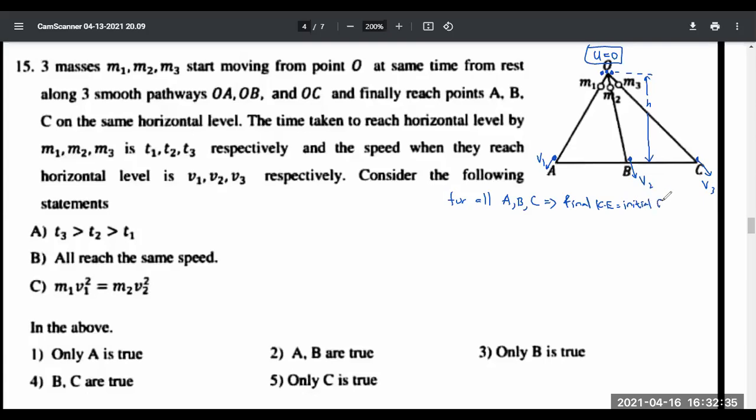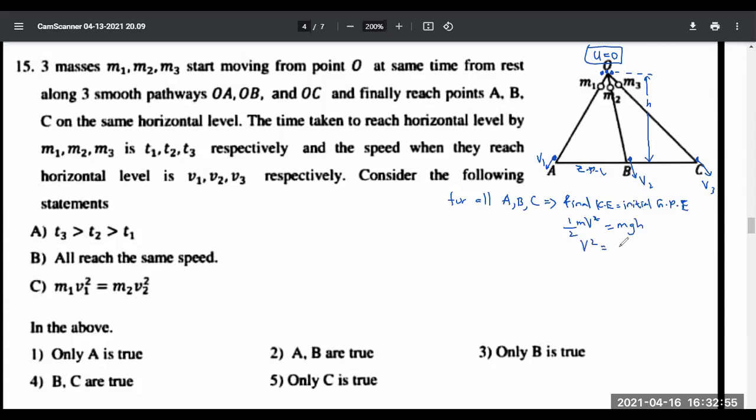We can take the bottom level as our zero potential level, so when they reach the horizontal level, their potential energies will be 0. Final kinetic energy is half mv squared, and I'll use m as the common symbol. V also has a common symbol. Initial gravitational potential energy is mgh.